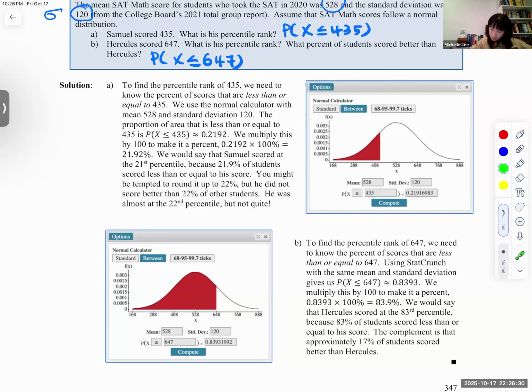Okay. How about the second one? Why did we not round up?